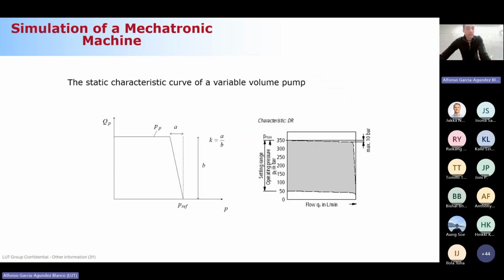This final slide that you see here is the static characteristic curve. Have you ever heard about the static characteristic curve of a component, of a mechanical component? Yes. Basically, the static characteristic curve describes how your component works in a steady configuration. Okay.